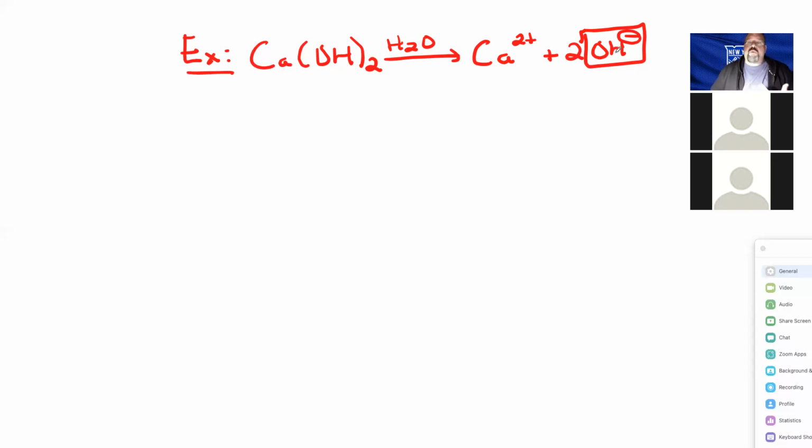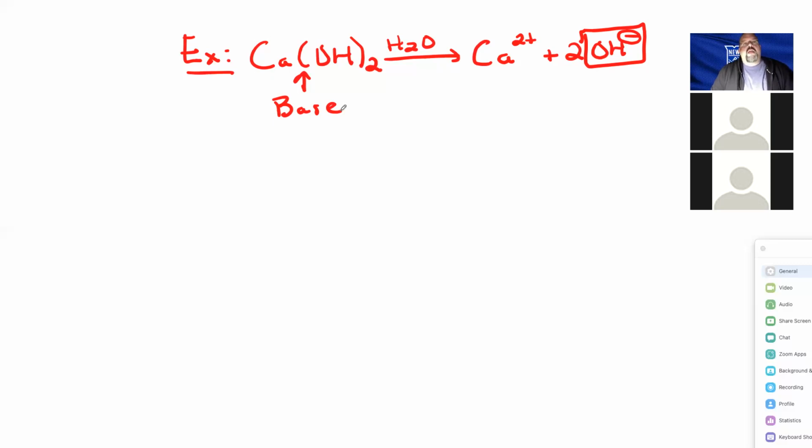It's the fact that we are generating OH minus on the product side of this equation. And therefore, that tells us that according to the Arrhenius definition, this substance would be classified as a base. Okay, so that is the Arrhenius definition of acids and bases.